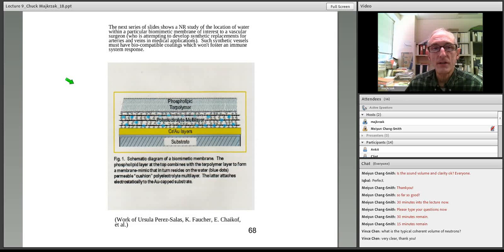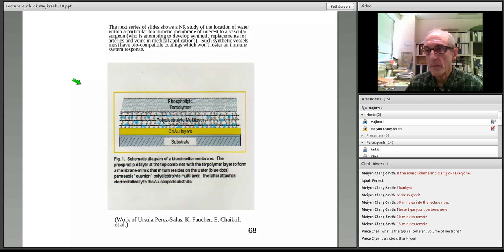The person that instigated this study was a vascular surgeon from Emory University, Elliot Chaikoff and company, who are interested in making coatings, synthetic veins and arteries for medical use in replacing defective veins and arteries in people.